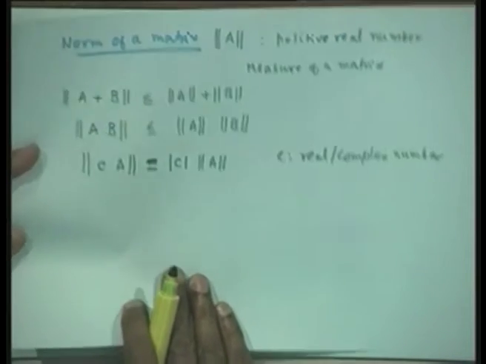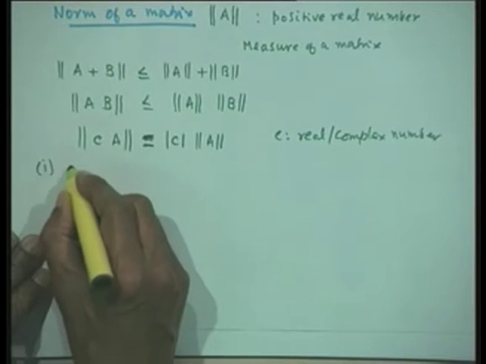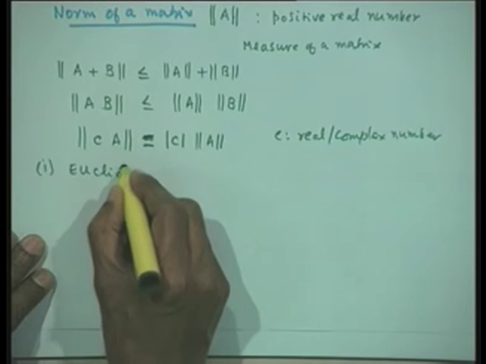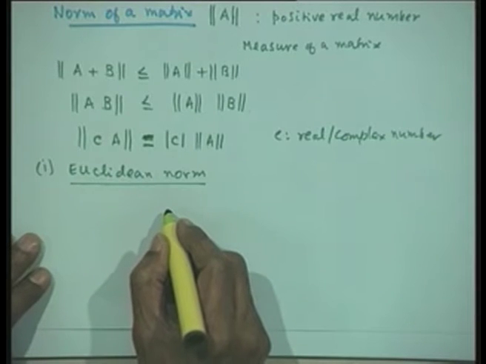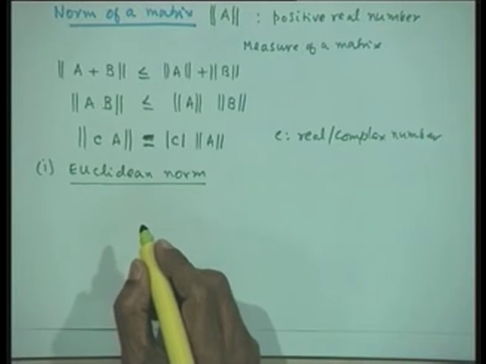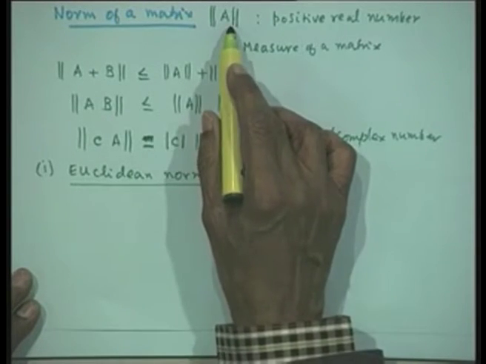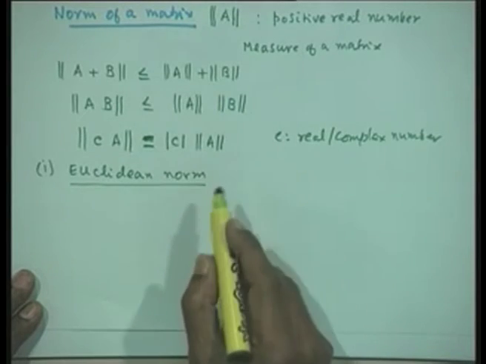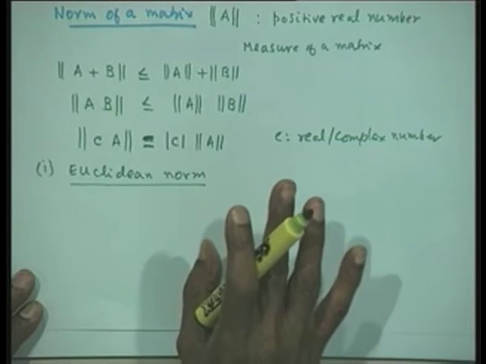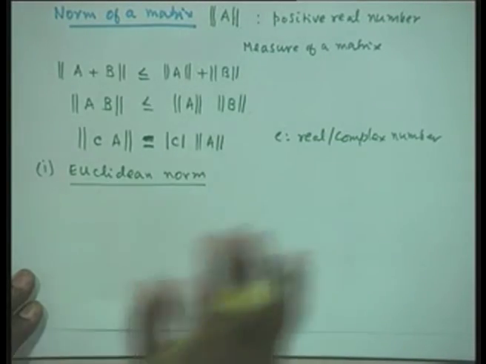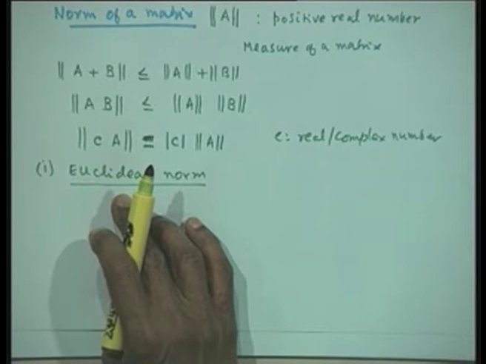Now, let us see what are the norms we can give for this. The first norm is called the Euclidean norm. We are talking of a general matrix, meaning a real or complex matrix. Therefore, what I will do is take the magnitude of all the elements, square them, add up, and then take the square root of whatever number you get. That is called the Euclidean norm.